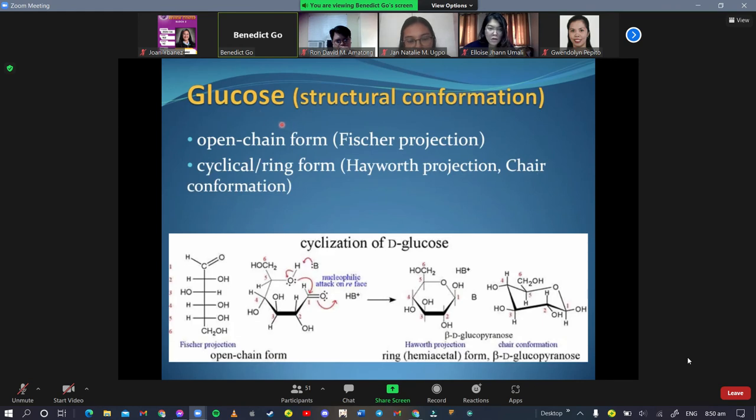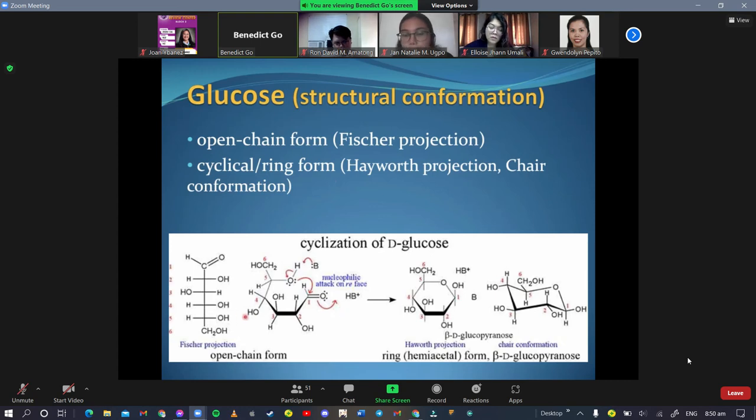Okay, glucose structural conformation. Open chain form is the Fischer projection here, on the right, the leftmost, and you'll have a cyclical or ring form, exemplified as either Haworth or chair conformation.